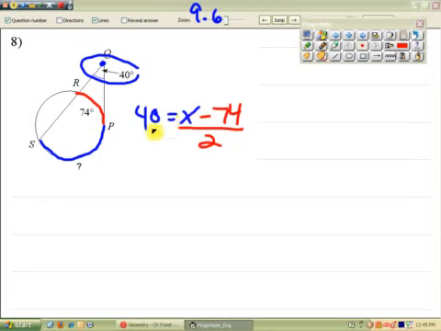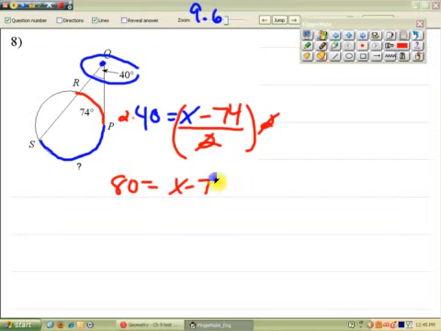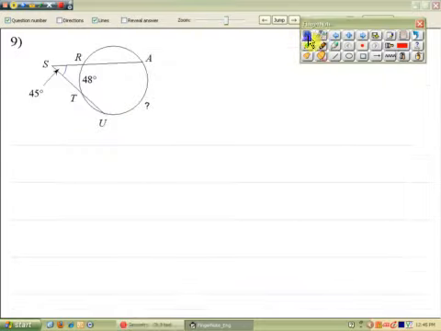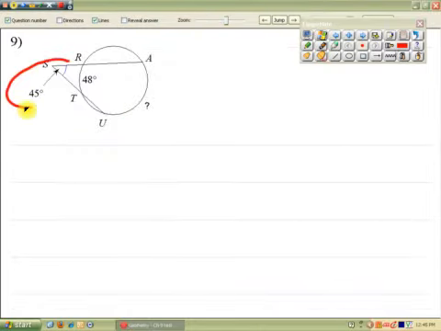And then to solve this, you're going to multiply by 2 on both sides. That's 80 equals x minus 74, and then you're going to add 74. X equals 154. So you set up number 9 the same way. You have the angle here, which is 45.